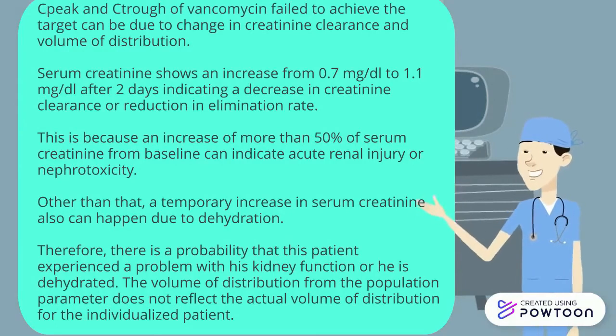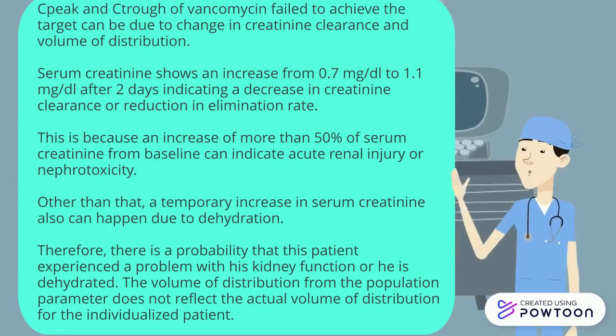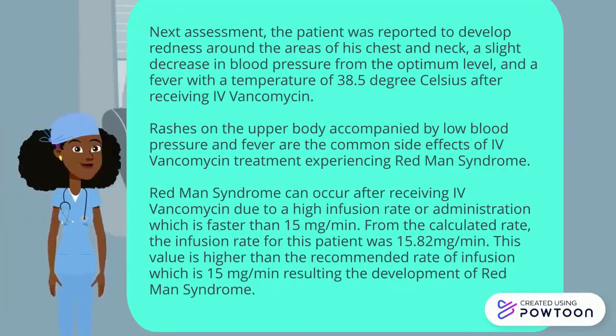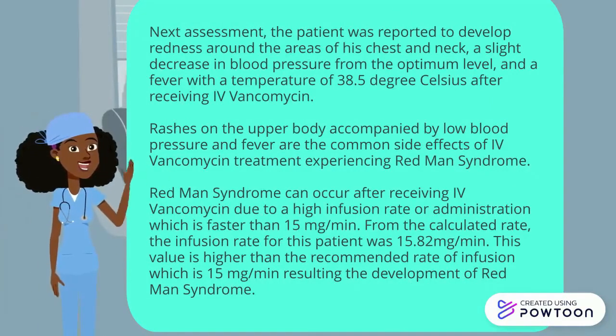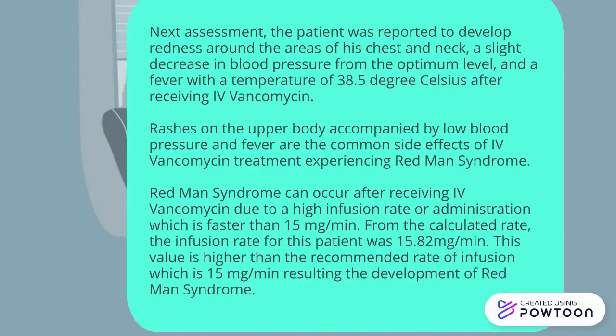The volume of distribution from population parameter does not actually reflect the actual volume of distribution for the individualized patient. The next assessment is that the patient was reported to develop redness around the areas of his chest and neck with a slight decrease in blood pressure from the optimal level and a fever with a temperature of 38.5 degrees Celsius after receiving an IV vancomycin treatment.